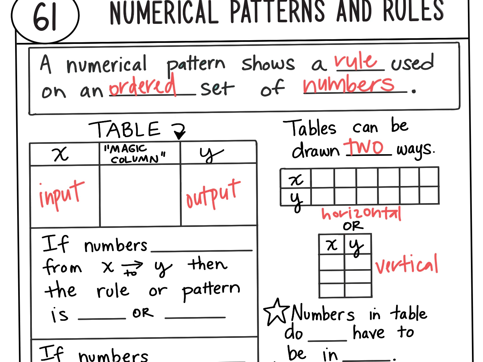That's why we call it like the magic column. Okay, it's the invisible column. Magical things happen there because that's where the rule takes place. That is where the math is happening to get from the X to the Y. It's just not what we see all the time, okay? So this is typically not shown.